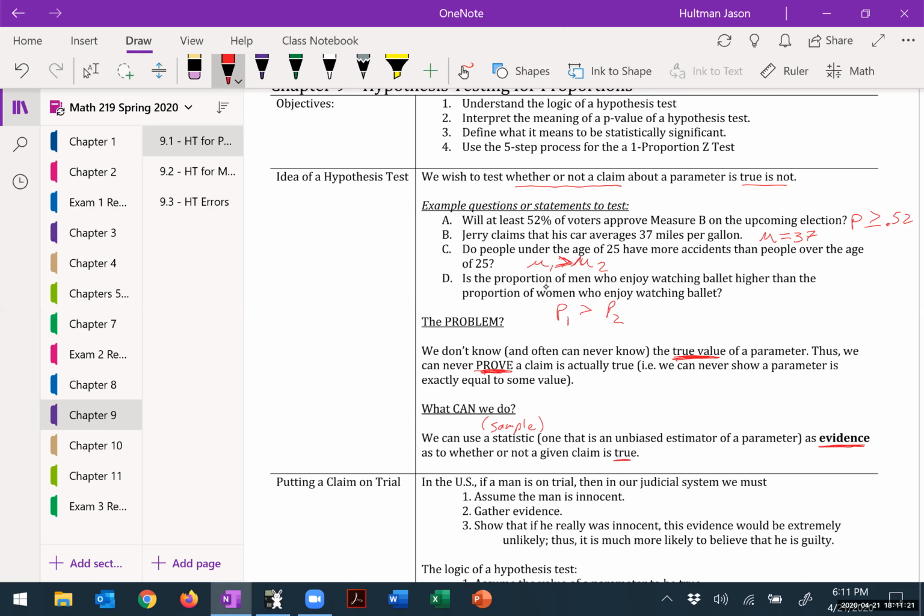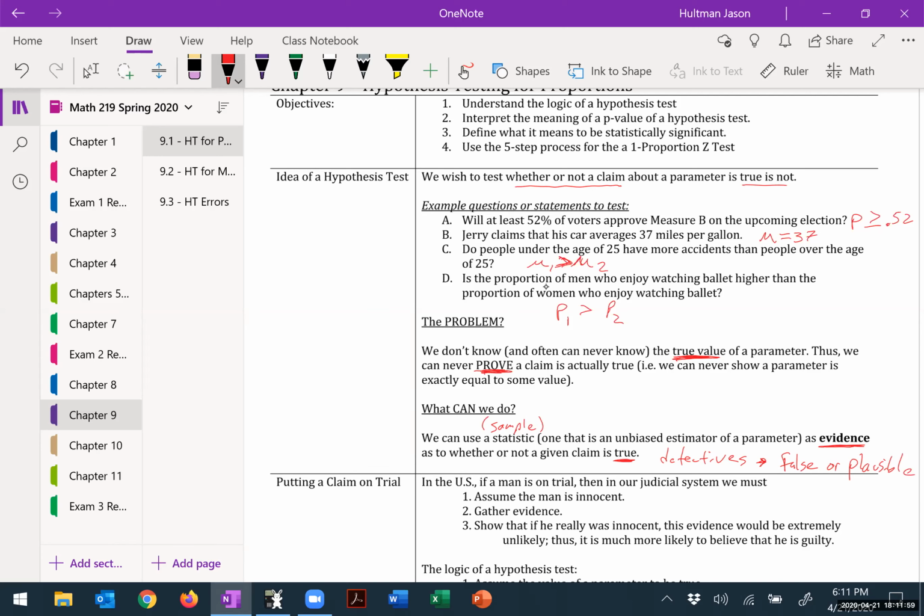We're basically statistical detectives, and we're going to say whether the claim is false or plausible. We would never say that the claim is true. Is it false or is it plausible? That's what's meant there by true. I have to change that word there.